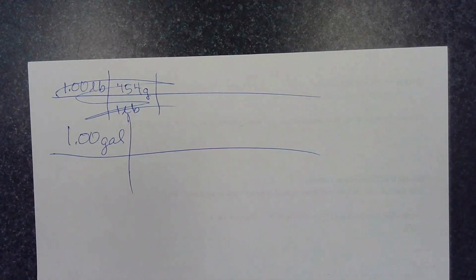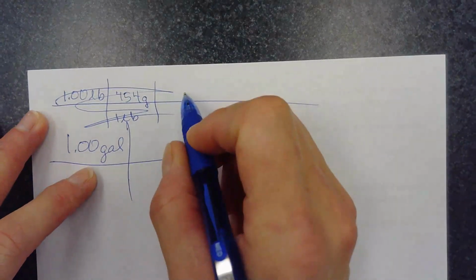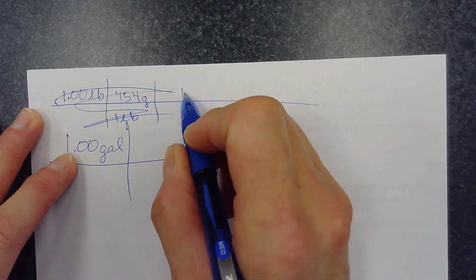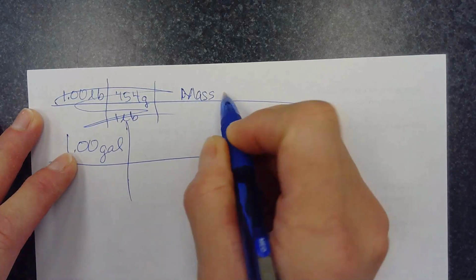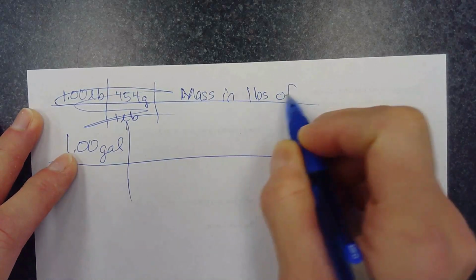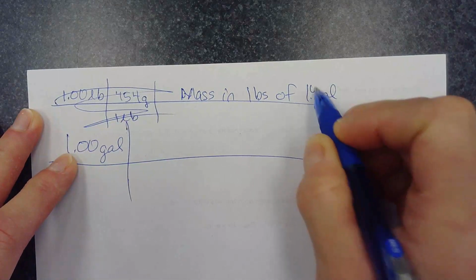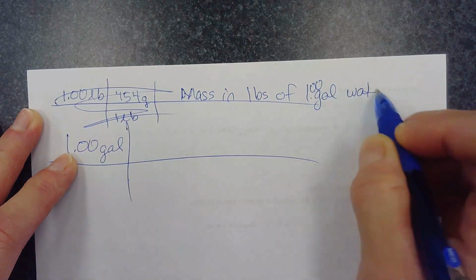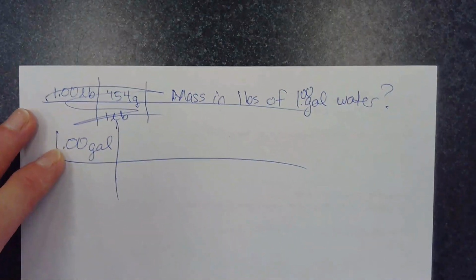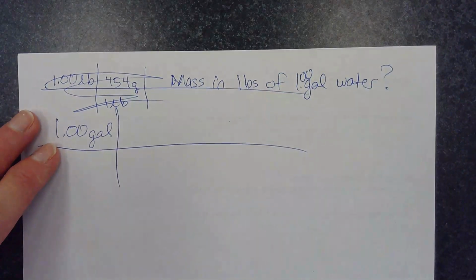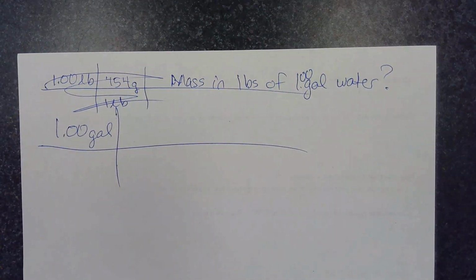Now you're correct. Let's go to the proper problem. Let me write the problem so I don't get myself confused again. Mass in pounds of 1.00 gallons of water. That's my question. Sorry, I messed myself up.